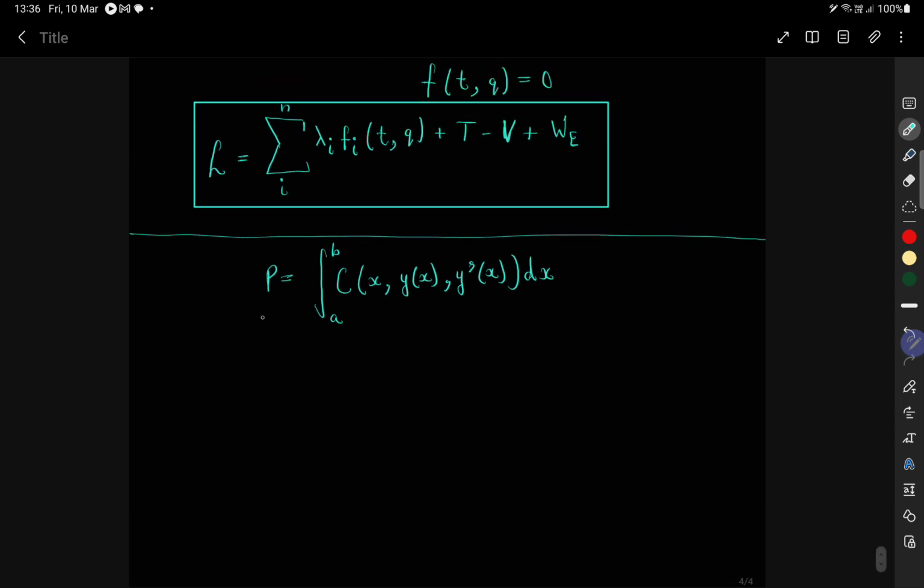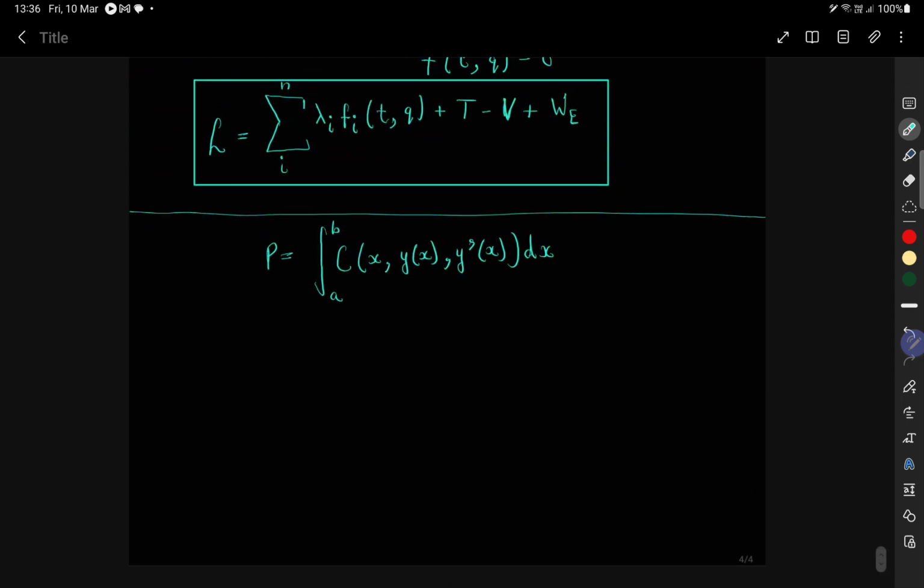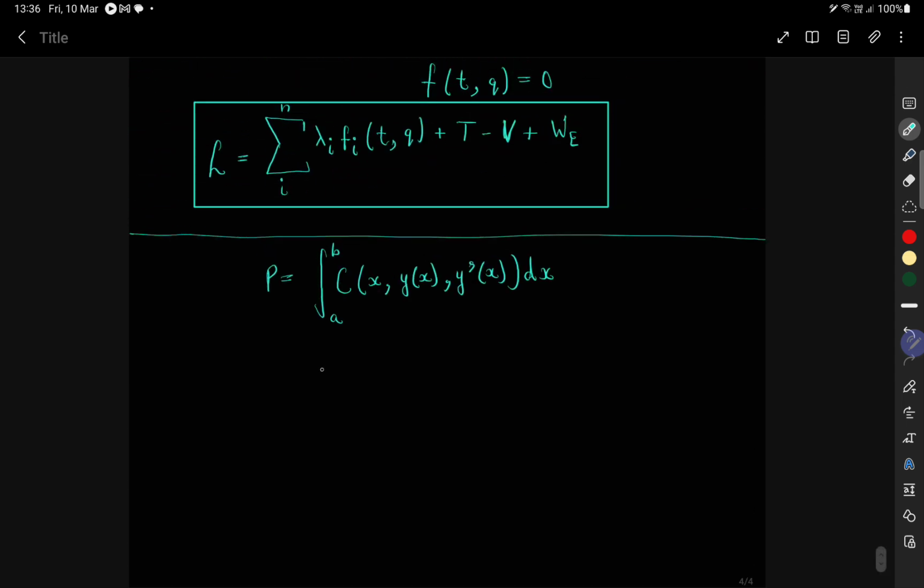Now suppose you have to minimize P. For minimizing P, what you would do is, as we used before, since this is mathematically speaking the same exact type of quantity as S, just a random quantity, we're just trying to minimize it.